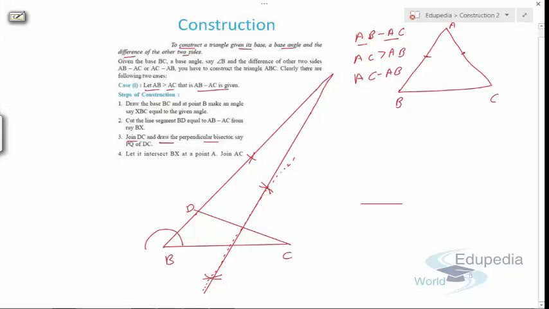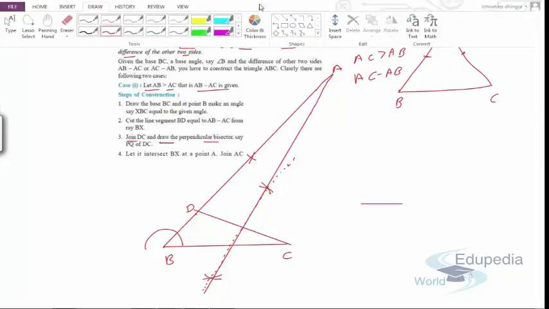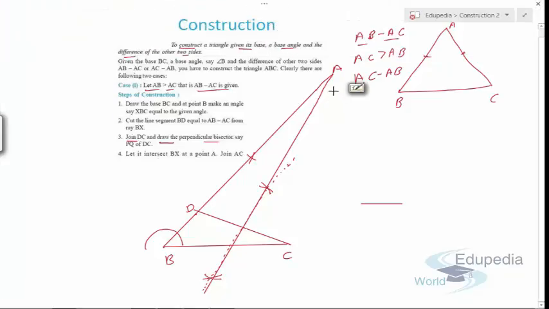Let's mark this point as A. Then we need to join AC, right? So this is our required triangle. This is how we can draw the triangle when AB minus AC is given, right?